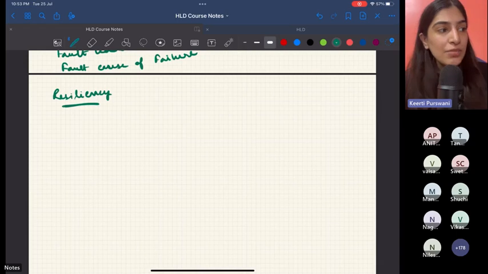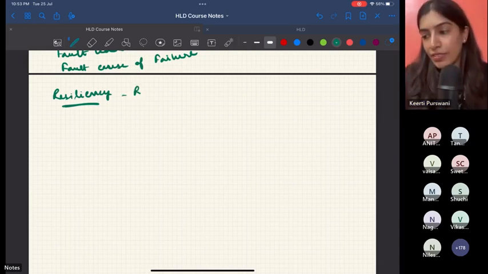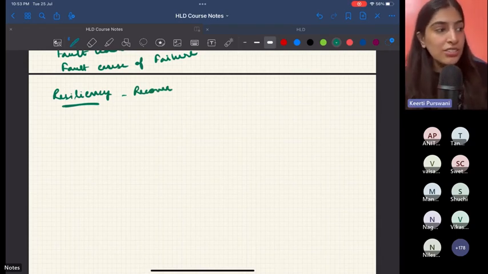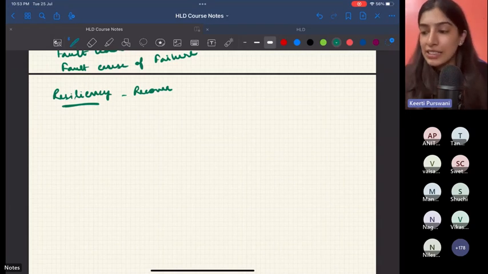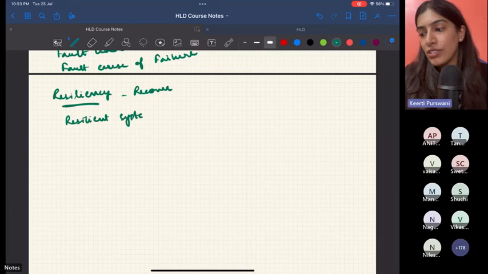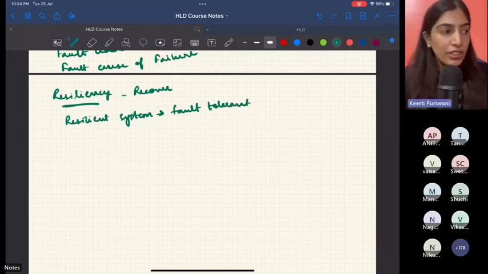So basically how much your system is able to recover or bounce back from failures. So when someone asks what a resilient system means, it is fault tolerant.